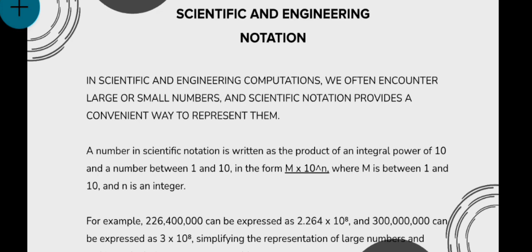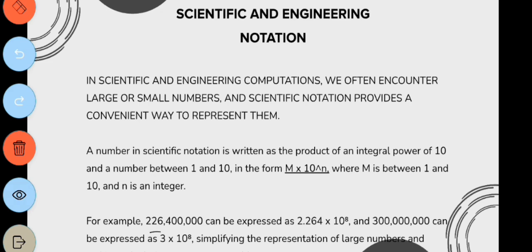For example, take 226,400,000. It can be expressed as 2.264 times 10 raised to the power of 8. If you're asking how they get this 10 raised to the power of 8, you just count the decimal places from left to right, like 1, 2, 3, 4, 5, 6, 7, 8.